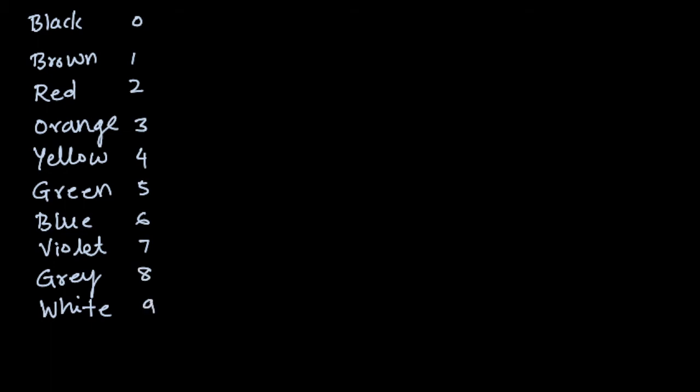Here the given colors are red, red, red, and silver. The first two colors give the first two significant figures in the resistance value. Here red indicates 2, so the first two significant figures are 2, 2.